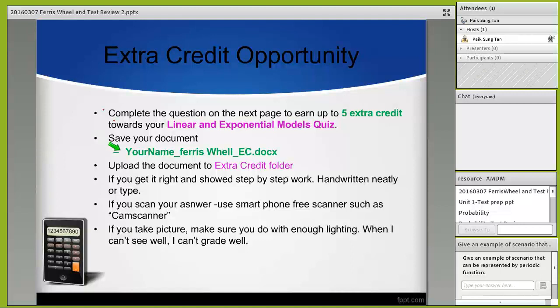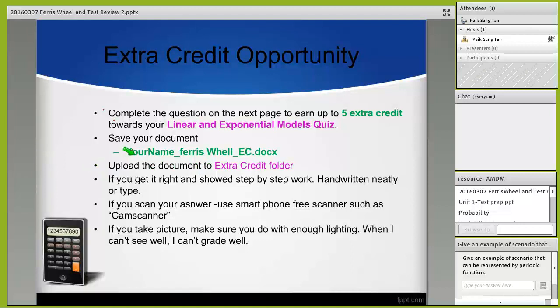If you don't have your name, I don't know who turned it in. Save it as Ferris Wheel EC, as extra credit, as a Word document, please. Upload the document to the extra credit folder under Dropbox.